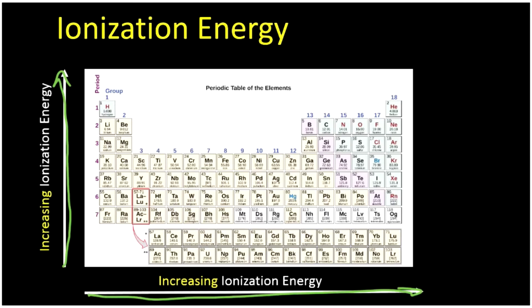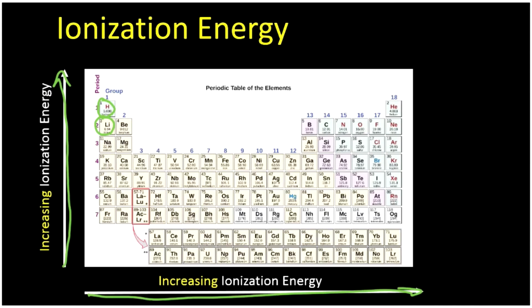Well, let's say we look at hydrogen and we compare it to lithium. Hydrogen has 1 electron and it's pretty close to its nucleus because hydrogen is small. And because hydrogen is so small, if I try to pull off that electron, it takes more energy than it does for lithium. Because lithium's electron that I would remove is actually farther away from the nucleus. So that means the energy needed to remove an electron increases as I go up.